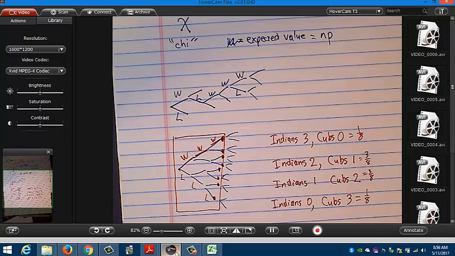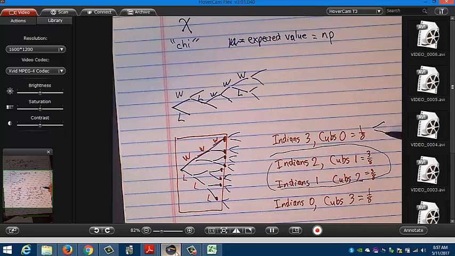Now, could it be that the series is done in 4 games? Well, if we're here, no. The series will not be done in 4 games. I guess you could argue most likely no. What if we're here? Could the series be done in 4 games? If the Indians got one more win, right?